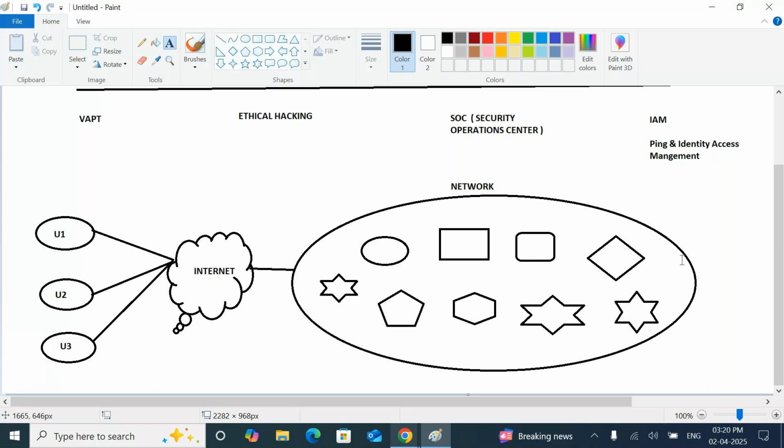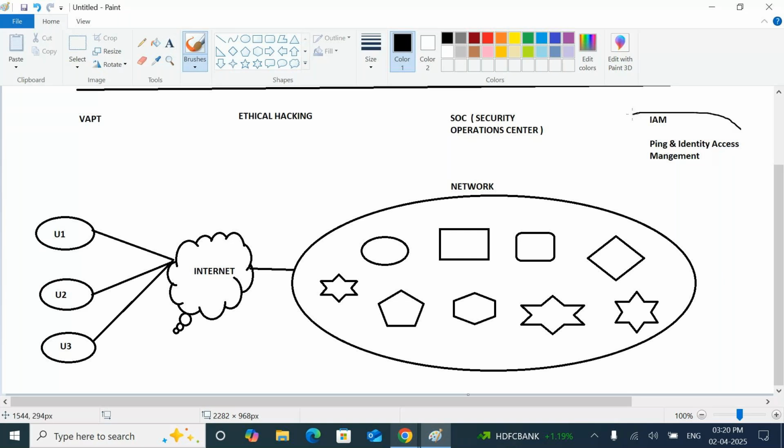These users have authorizations and unauthorizations, and also privileges. Some users have a high level of privileges, some a low level, and some a customized set of privileges. All these privileges will be provided and taken care of by IAM people.